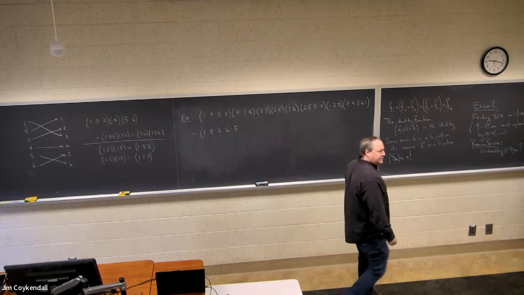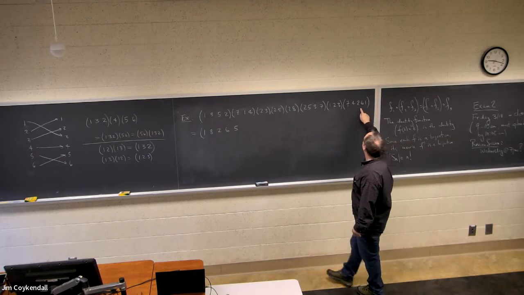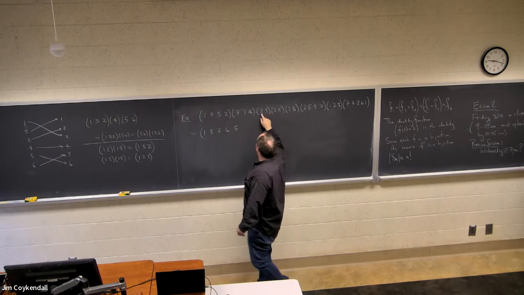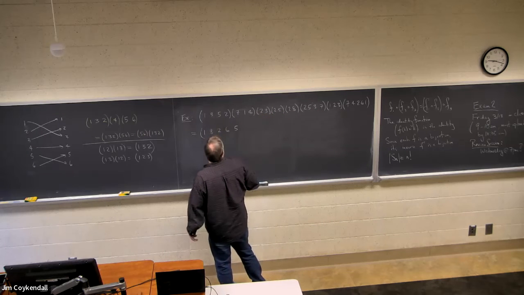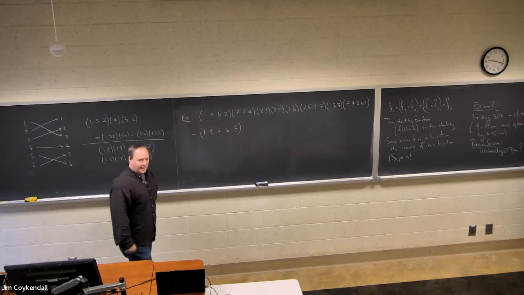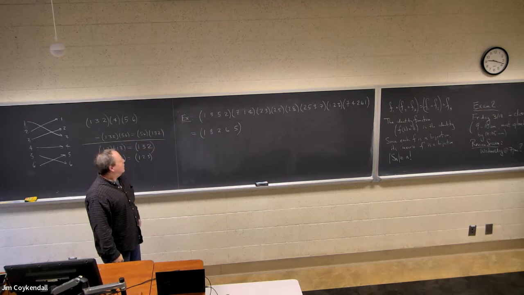Okay. How about 5? Where does it go? 5 goes to 3, to 2, to 1. So it goes back to 1. Everybody okay with it? Okay.